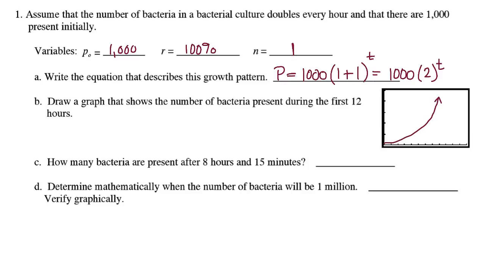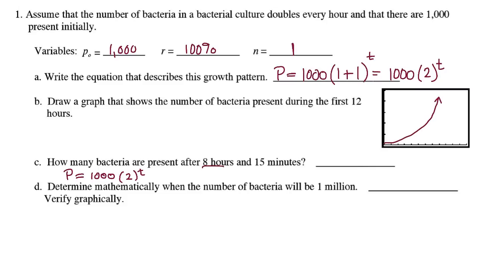Now, how many bacteria are present after 8 hours and 15 minutes? Now, we are going to use our formula, so just a quick reminder of that formula. Our population is equal to 1,000 times 2 raised to our time period. And our time period was in hours.